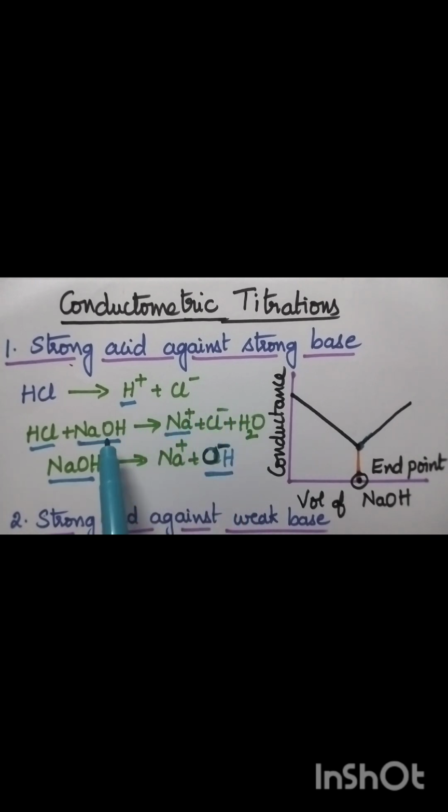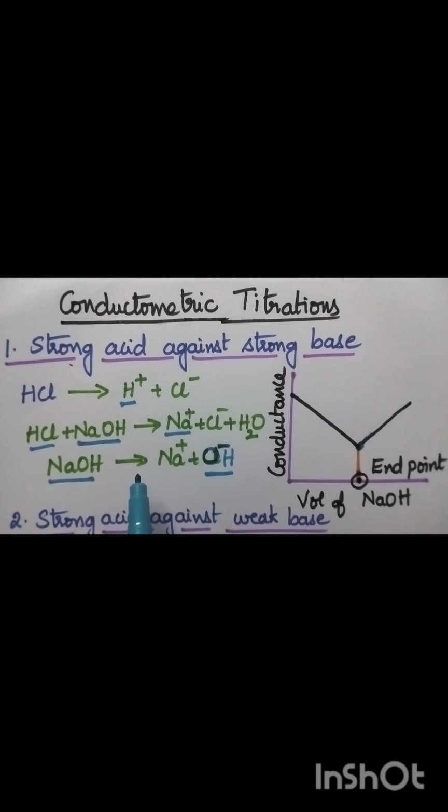Whenever 1 ml NaOH is added to HCl, a few H+ ions are being replaced by Na+ ions. As a result, slowly the conductance decreases since H+ ions are fast moving, whereas Na+ ions are slow moving ions. So slowly the conductance decreases until reaching the end point.